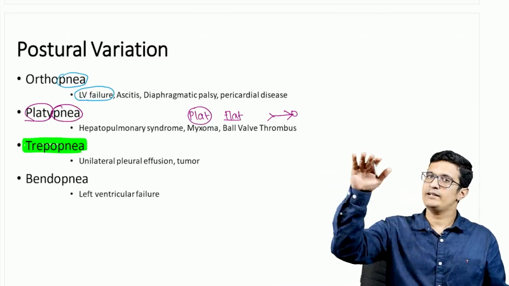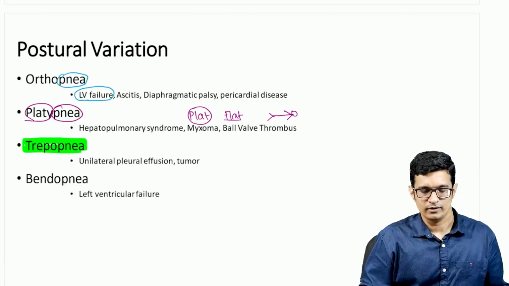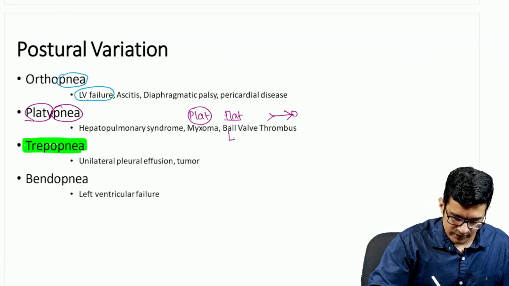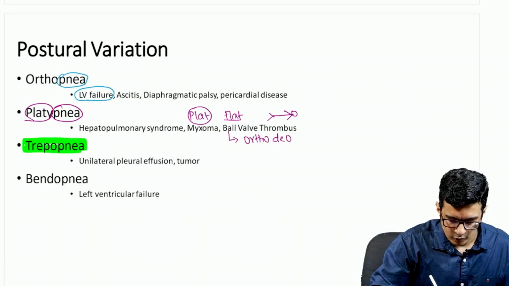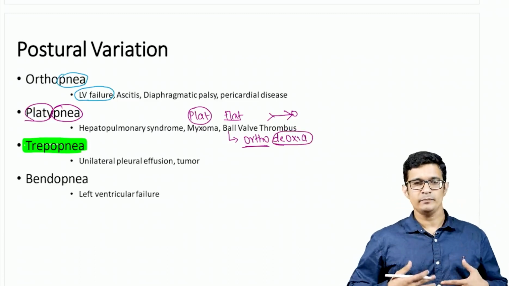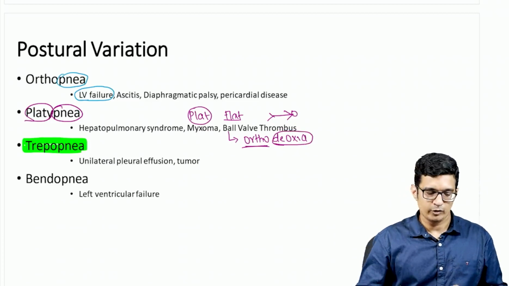When the patient stands up in the ortho position, he basically desaturates, which is one of the reasons why platypnea is also called orthodeoxia, because he deoxygenates in the ortho position. So when he stands up, he deoxygenates, and when he is lying flat, he is able to take a normal breath.